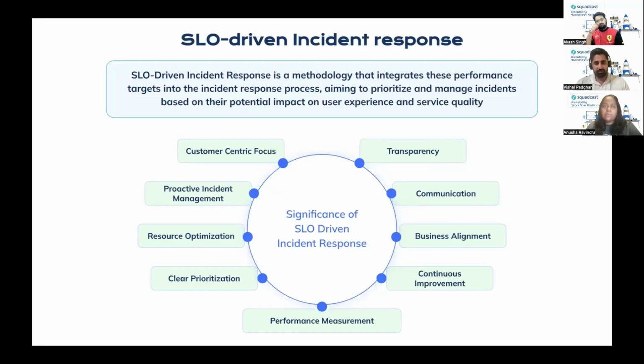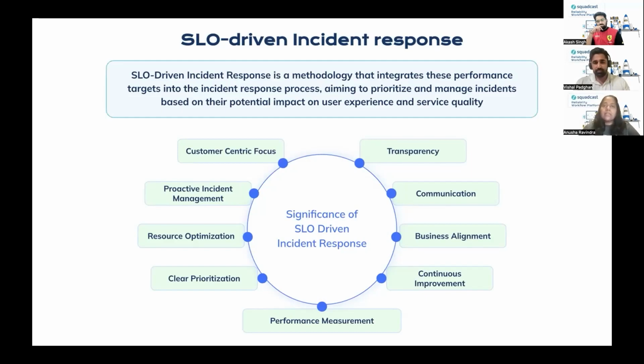as possible. Now, one of the core principles being focus on customer centricity, this shifts the focus from simply resolving incidents to actually mitigating their impact on end users and customers, right? So it ensures that incidents that directly affect user experience are given a higher priority and immediate attention, which leads to improved customer satisfaction.